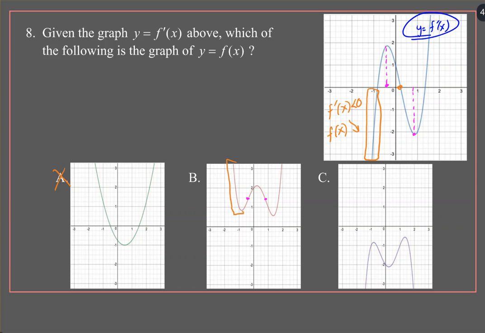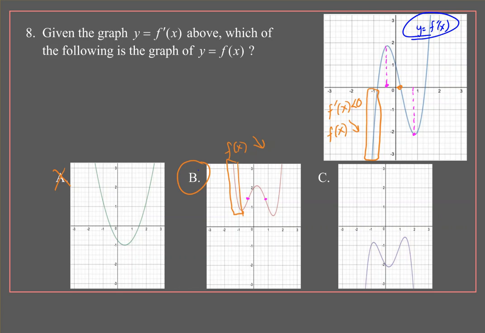Notice that f of x is decreasing there. So it looks like the answer is going to be B for 8. And I could double check this using another part of the graph. I could check with the second derivative and look for concavity. I could do all sorts of things.